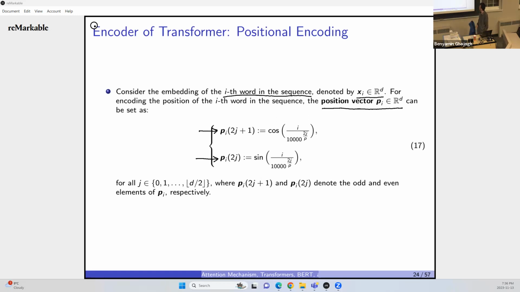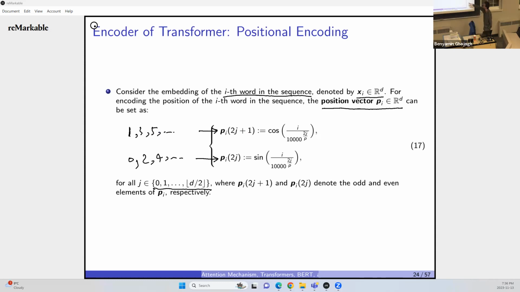Where j starts from 0 to d over 2. What do I mean? So when j is 0, what happens? It becomes the 0 element, right? So the 0 element is this. Then set j equals 1. So j equals 0 gives the 0 element, then j equals 1. You tell me: 2, 3, 4, 5, etc.